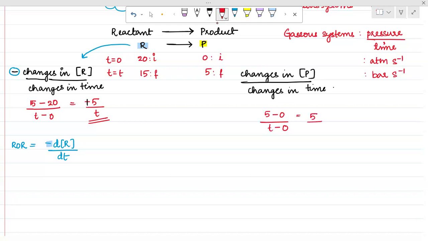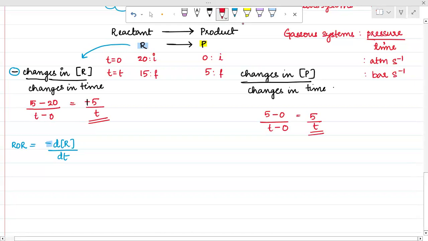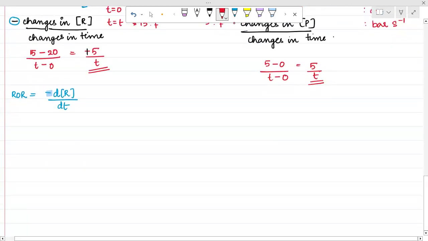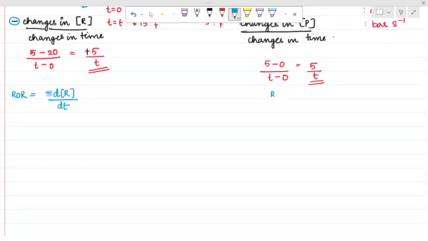So this is 5 by t and this is positive. This is already positive as it is increasing, right? The product concentration increases, but the reactant concentration decreases because reactant is being consumed. Correct. So the rate of the reaction with respect to the product is going to be plus dP by dt.